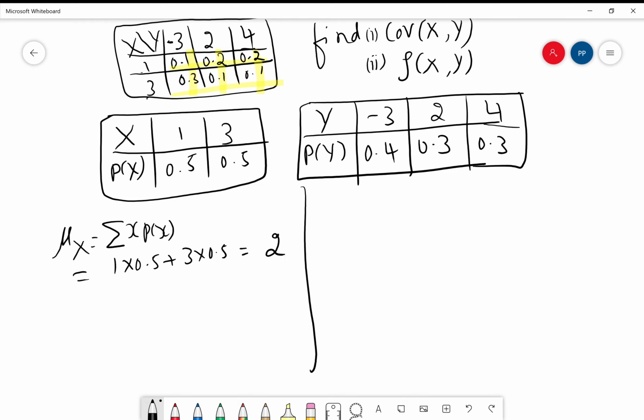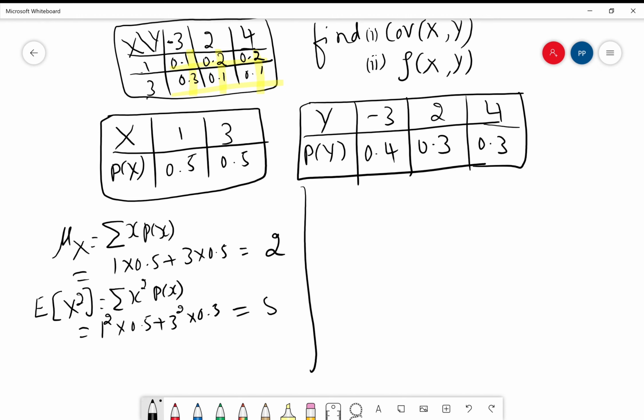Now, expectation of x square equals summation x square into p of x, which is nothing but 1 square into 0.5 plus 3 square into 0.5, and you get it as 5.